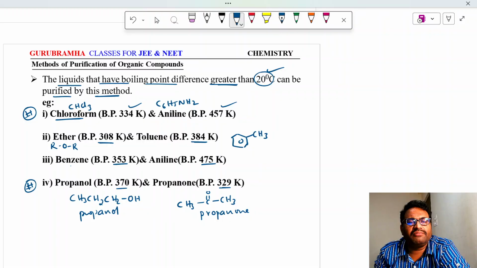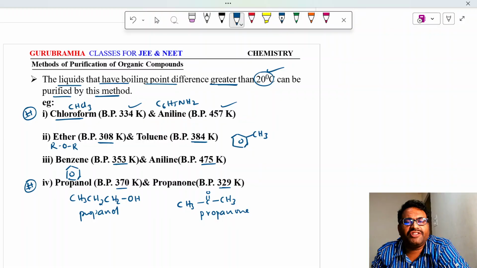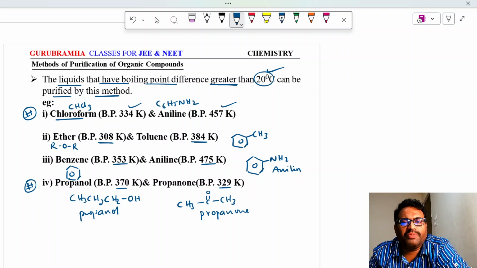So benzene is a liquid whose boiling point is 353 Kelvin. Aniline, now only we have seen, aniline is what? C6H5NH2. What is this? Aniline. So as the boiling point differences are more, they can be separated by simple distillation. These examples, we need to remember the examples.